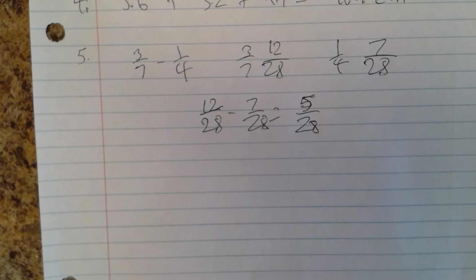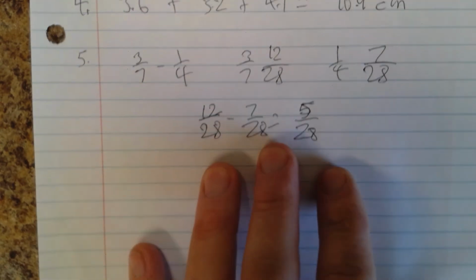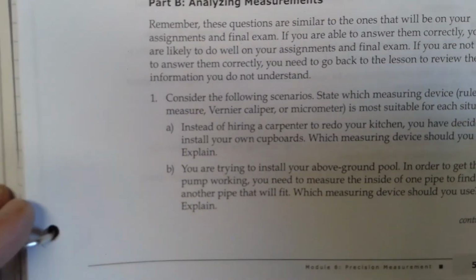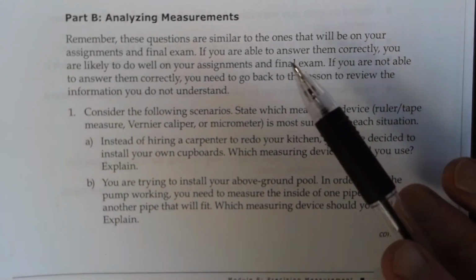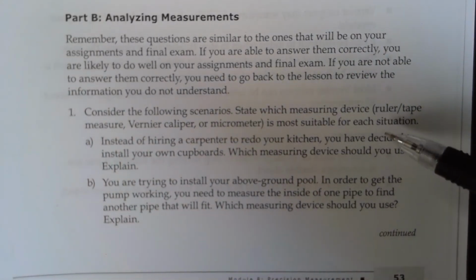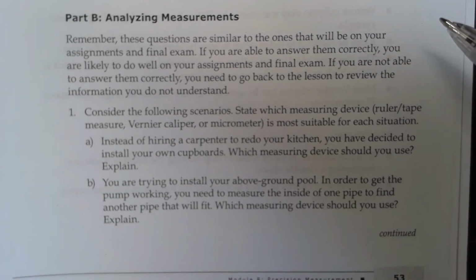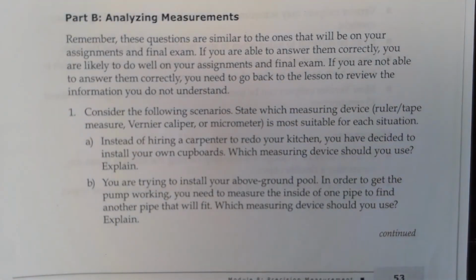Let's just look at a few more exercises here concerning the linear caliper and the micrometer on pages 53 and 54. Consider the following scenarios. State which measuring device, ruler, tape measure, linear caliper, or micrometer is most suitable for each situation.